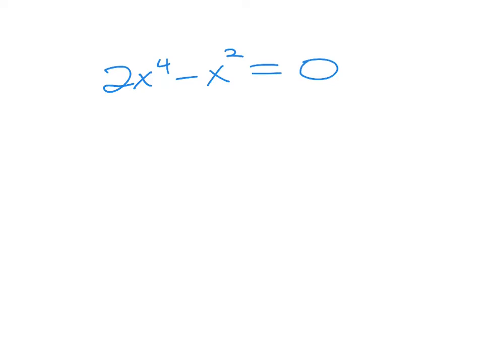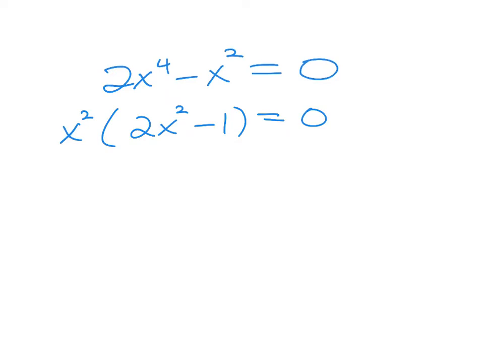Okay, so for this one, notice it is not a trinomial. So what I'm going to do here is, remember, whenever you factor any question, you should always look for a greatest common factor first. So I'm going to pull a GCF out of x squared, and then I'm left with 2x squared minus 1 equals 0.